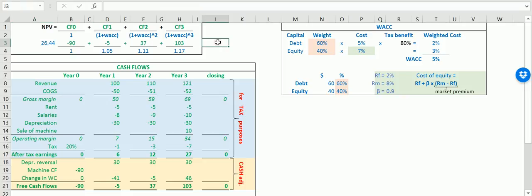So we see the net present value is positive, which means that in theory it might be a good project to invest in. And that also means that the internal rate of return is higher than the WACC. And then we also saw something called the earn back period. And that simply states in how many years you earn back your initial investment.